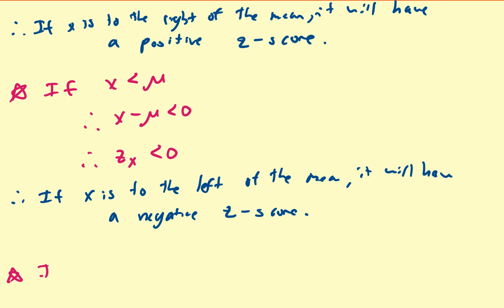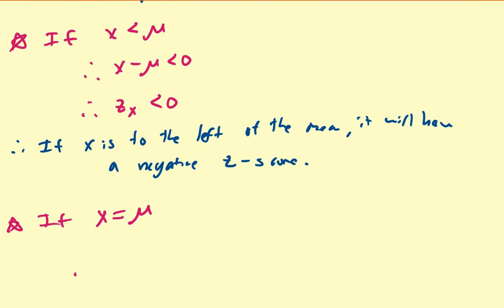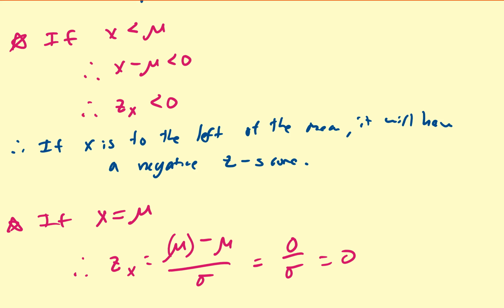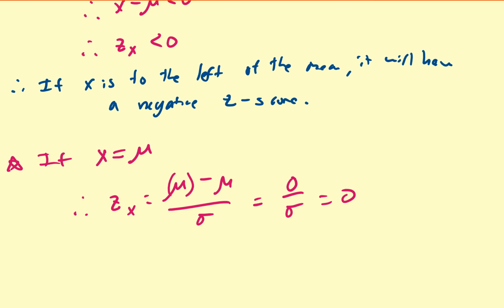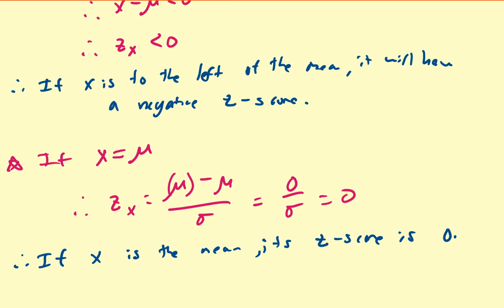And also, if x is equal to mu, then the z-score for x is going to be equal to mu minus mu over sigma, which is 0 divided by sigma, which is equal to 0. So if x is the mean, its z-score is 0.